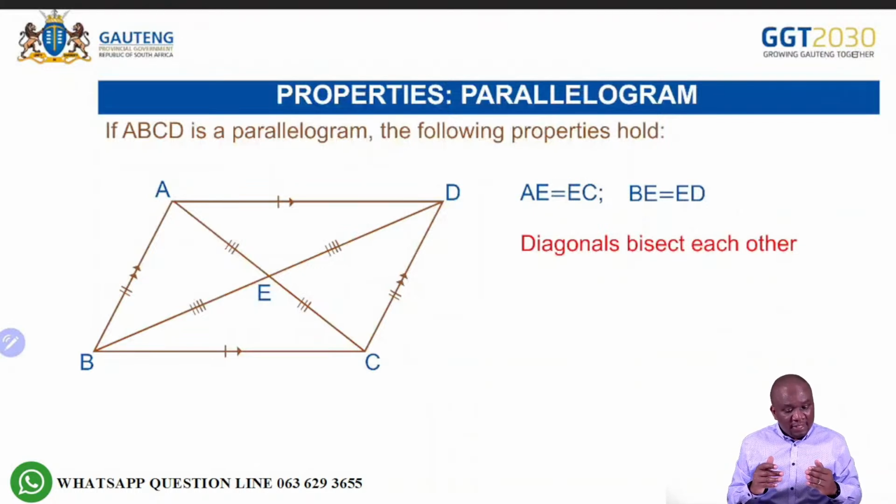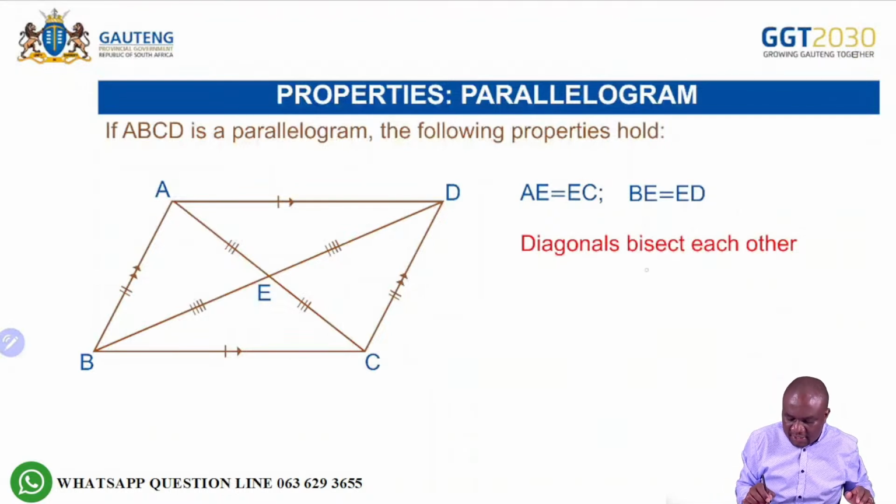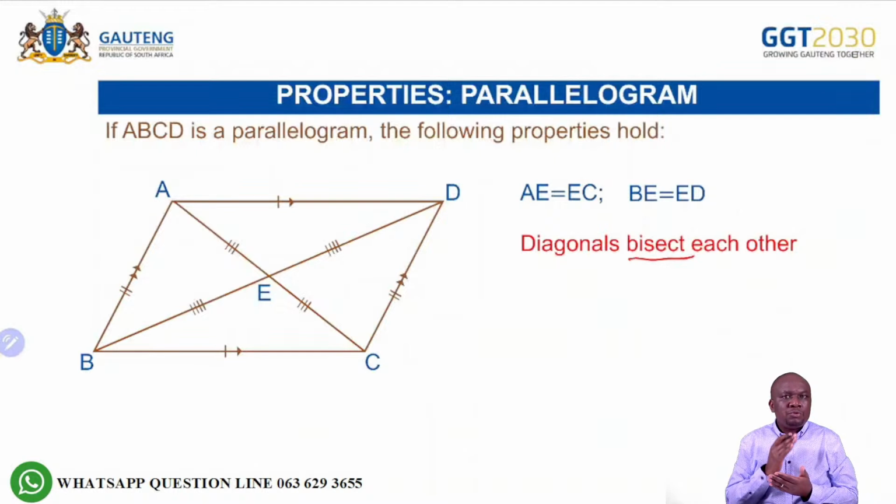And BD divides AC into two equal parts. So the diagonals cut each other into two equal parts. That's why you say the diagonals bisect. The word bisect means divide into two equal parts. Okay? Right. Please take note of that.